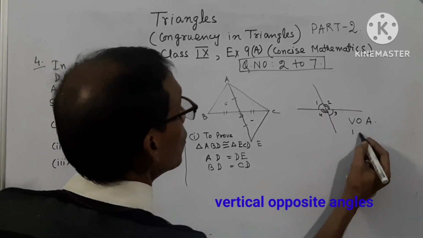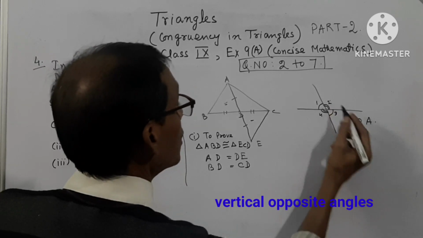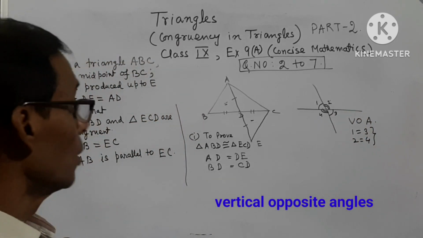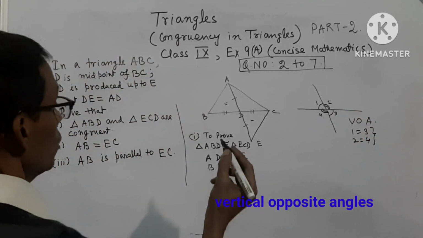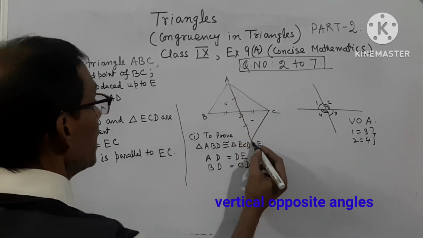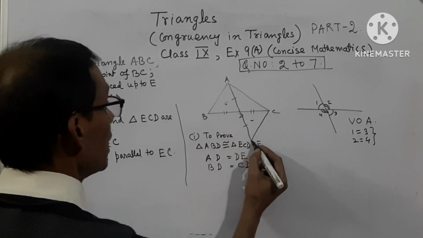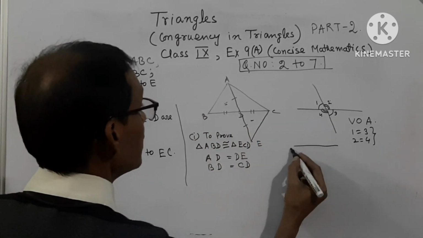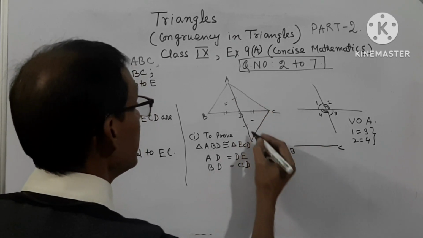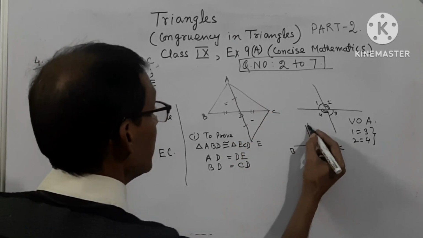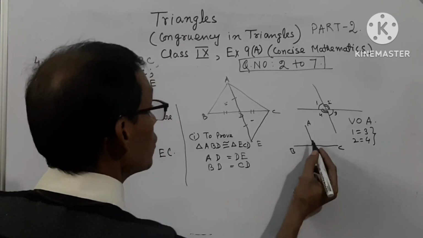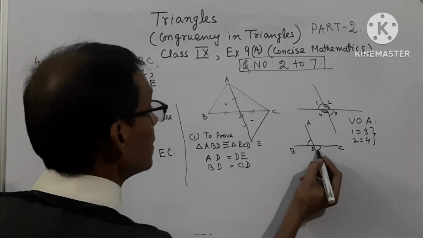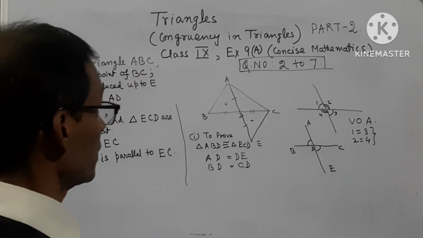So 1 will be equal to 3 and 2 will be equal to 4, because they are pair of vertical opposite angles. See, AE is one line and BC is another line, and this is the D point. So these are vertical opposite angles.